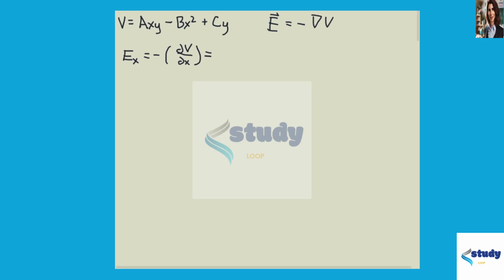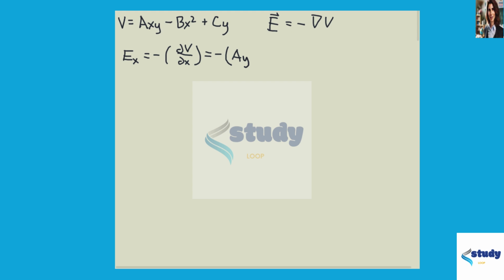So if we hold y and z as constants and take the derivative of the electric potential with respect to x, for the first term we will have ay. And don't forget we take the negative of this whole thing. So for the first term, we're going to get ay.